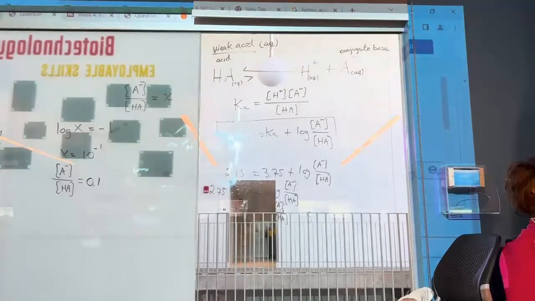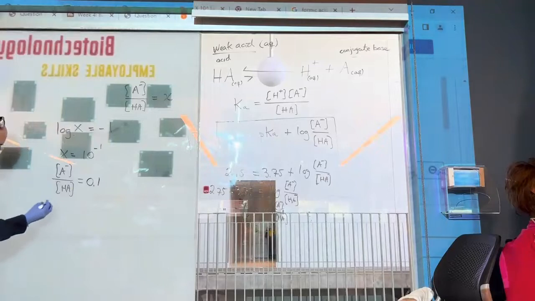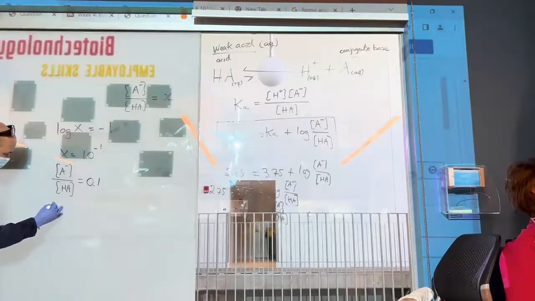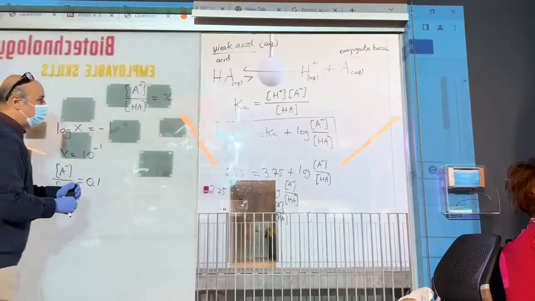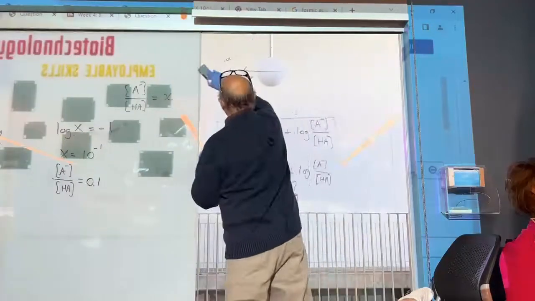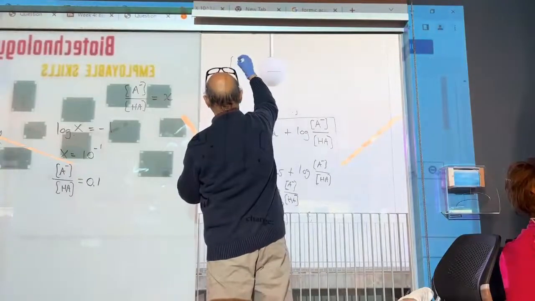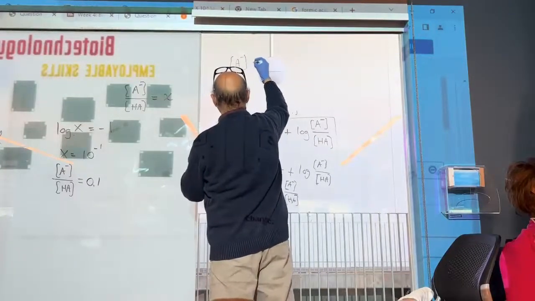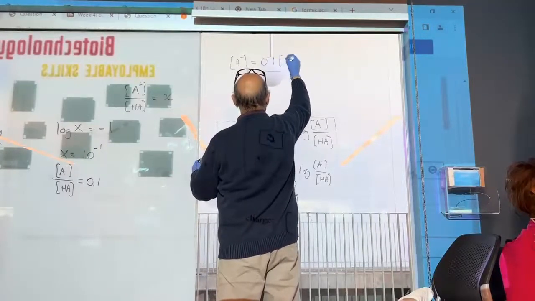Well, if I rearrange this, I'm going to have the following relationship: the concentration of formate equals 0.1 times HA.